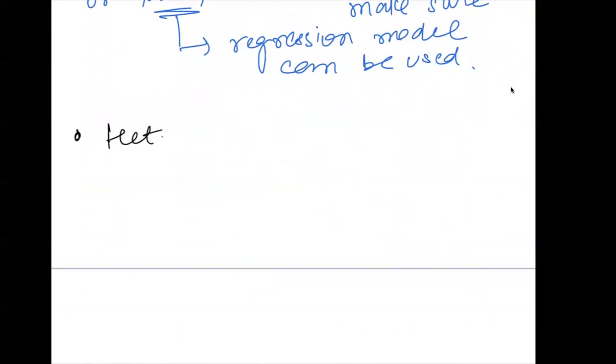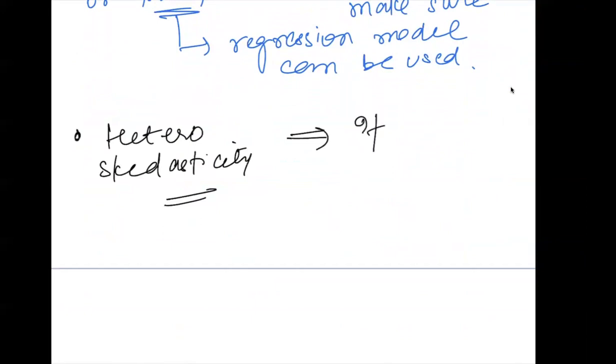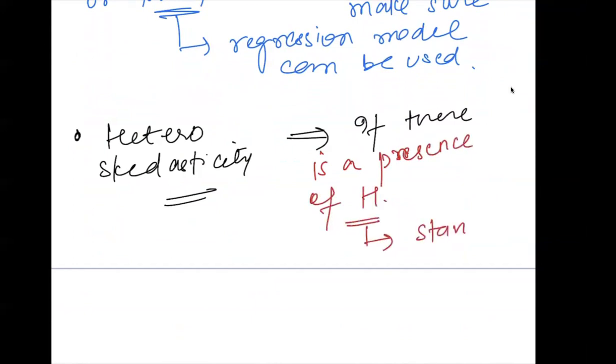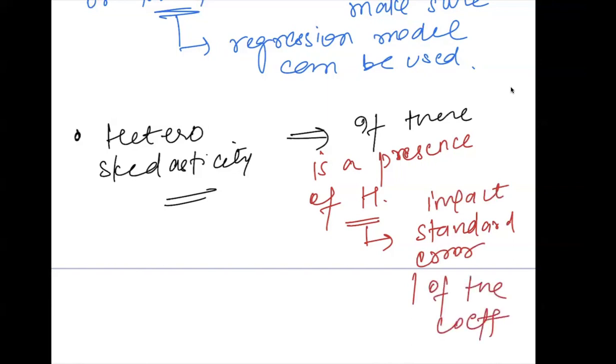heteroscedasticity. So as I said before also, if there is a presence of heteroscedasticity, then it will impact the standard errors, and it will impact the standard errors of the coefficient, right?